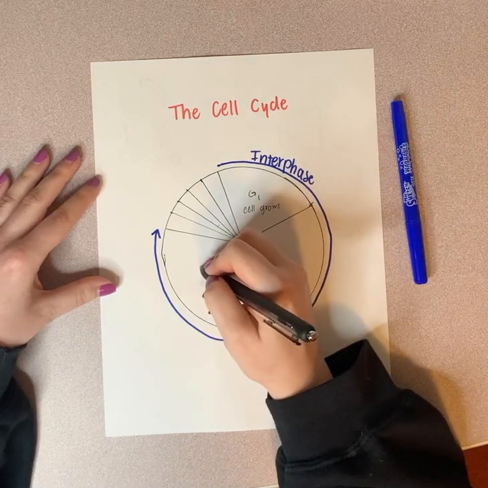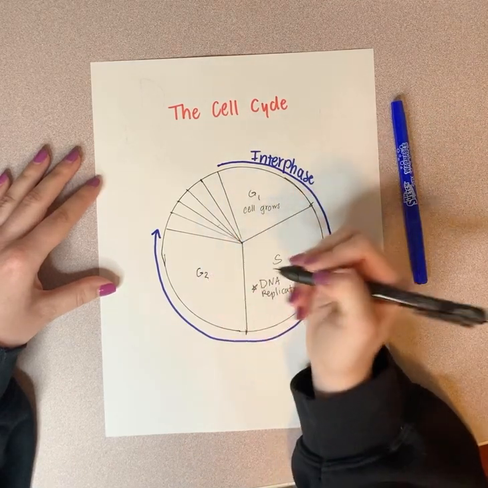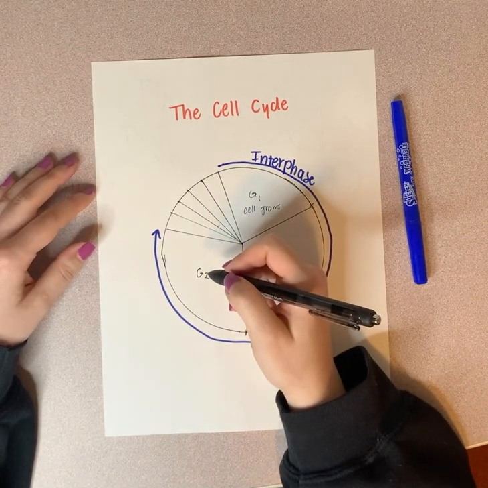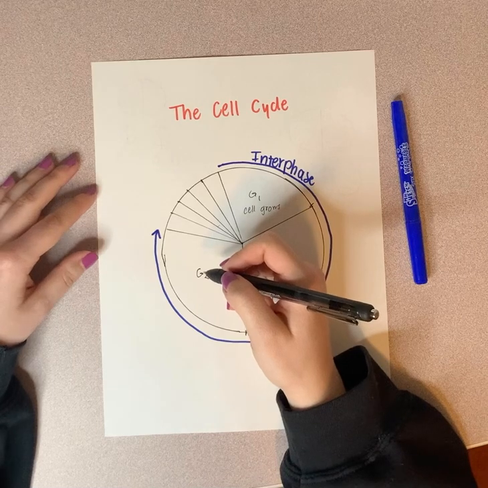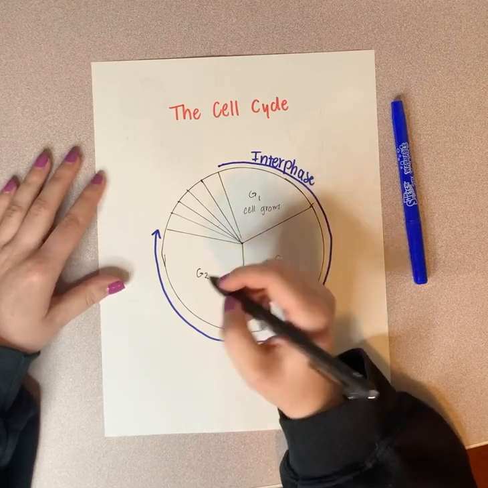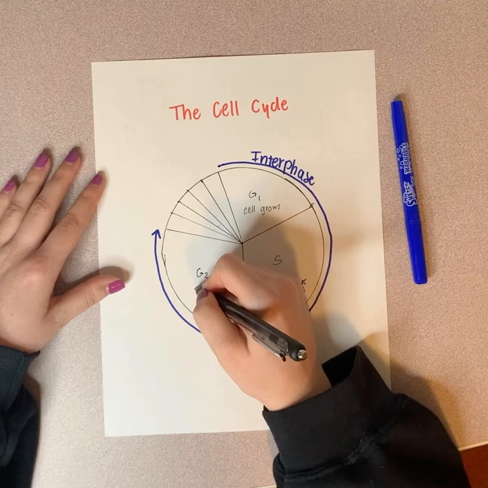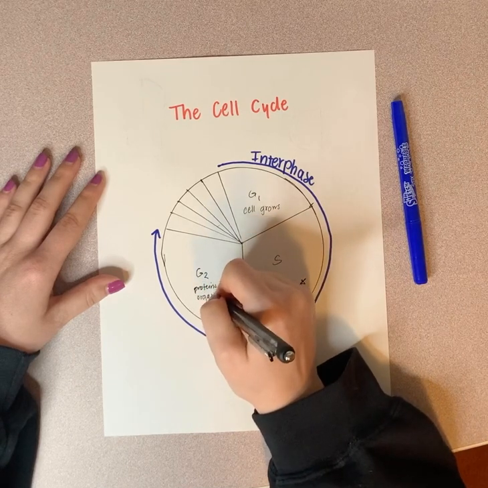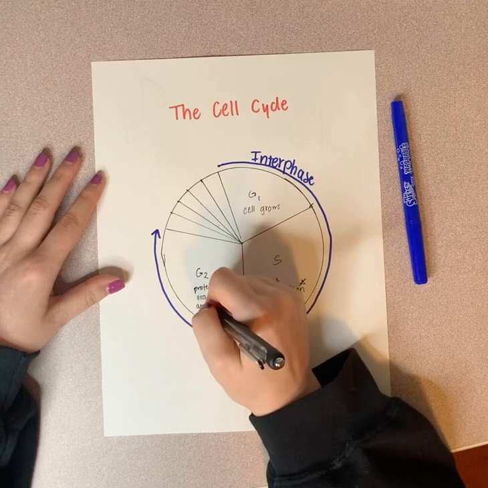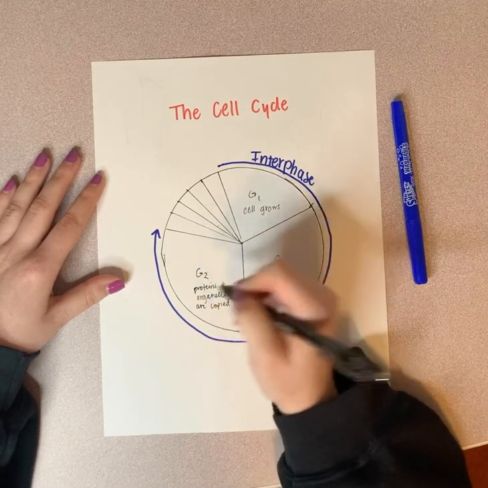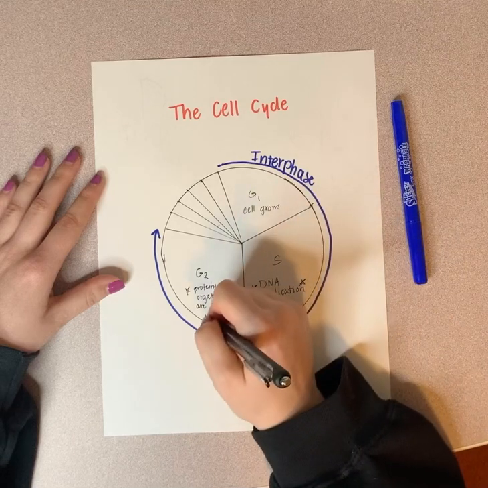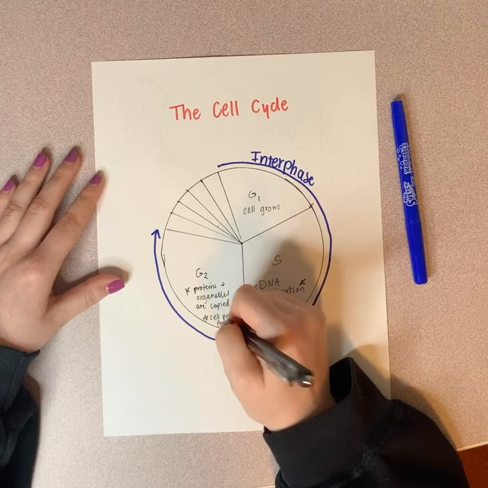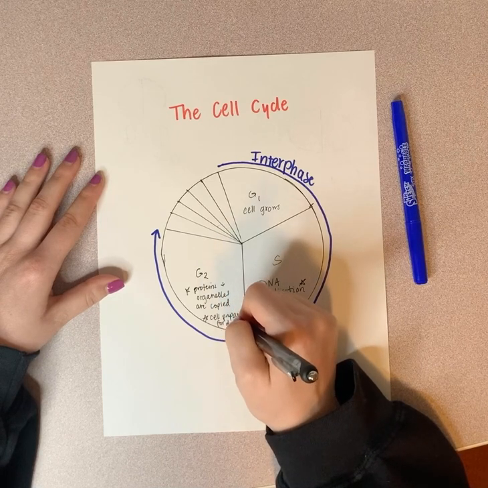The next part of interphase is called G2, and depending on what type of cell it is, basically what textbook you're looking at, G2 does different things. For us, it's going to be where proteins and organelles are copied, okay? And basically the cell just prepares for division, okay?